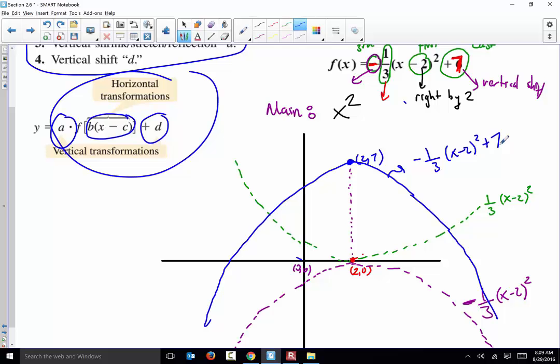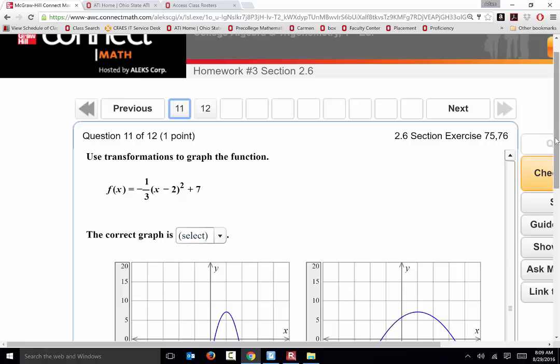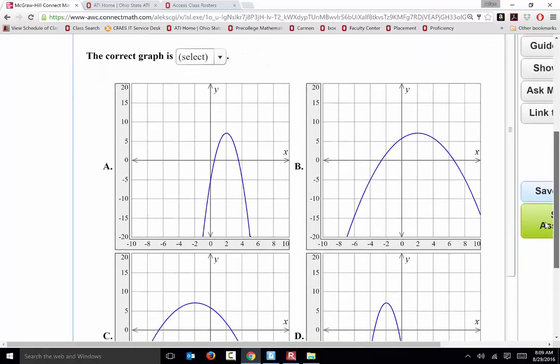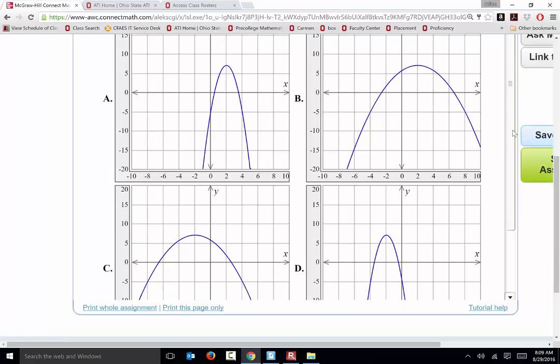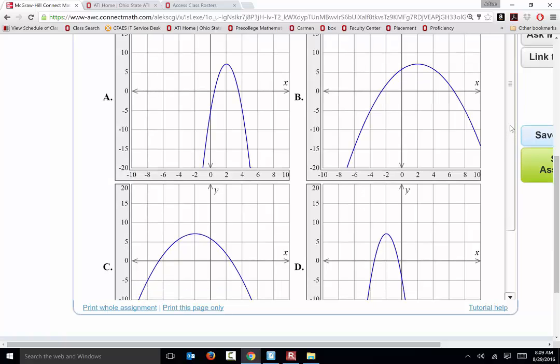Alright, let's pick the right choice then. Which one seems like the right one? A, B, C, D. Should be pretty wide, right?